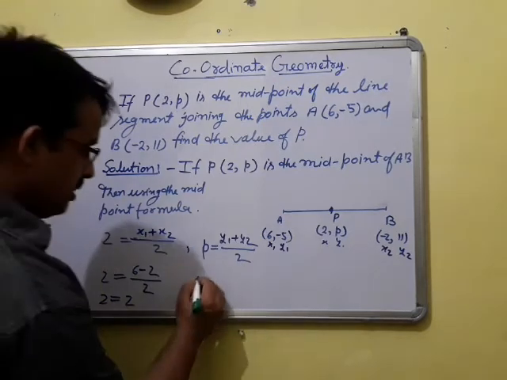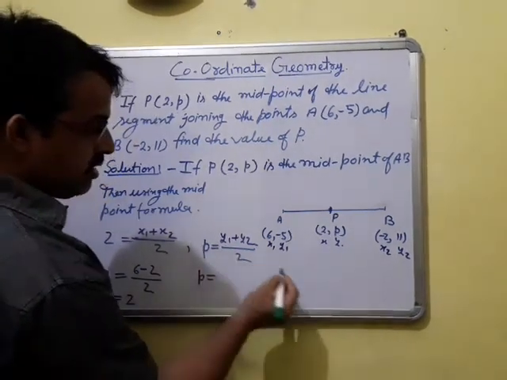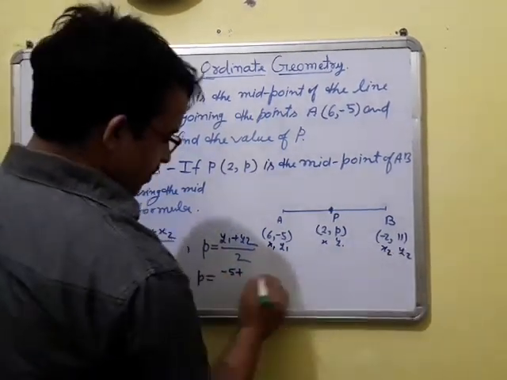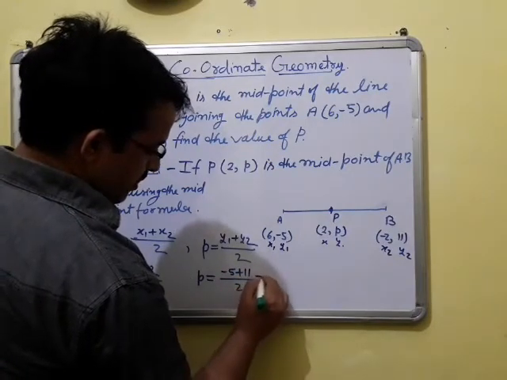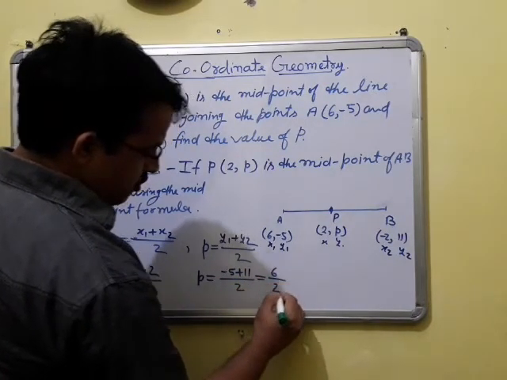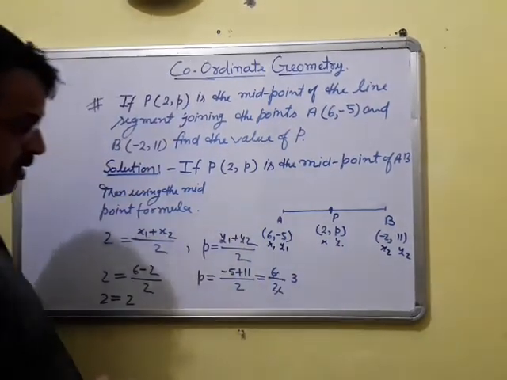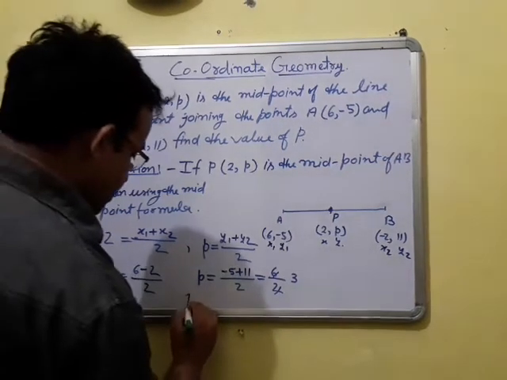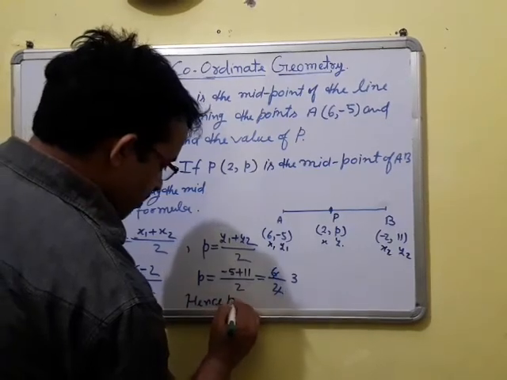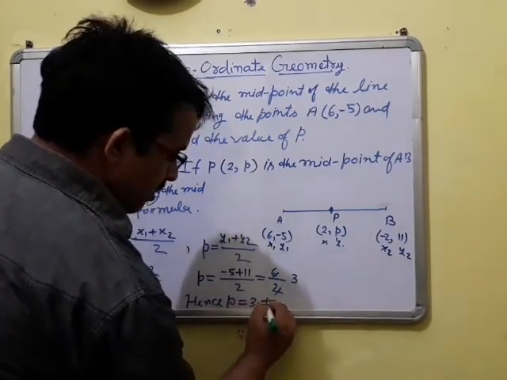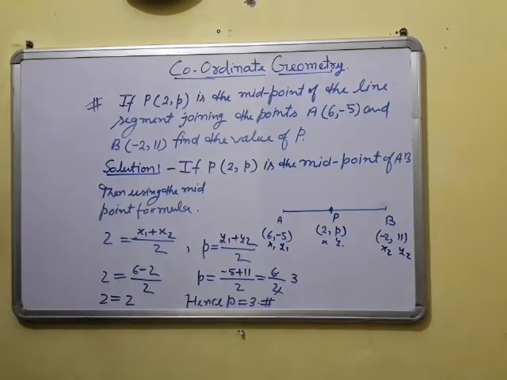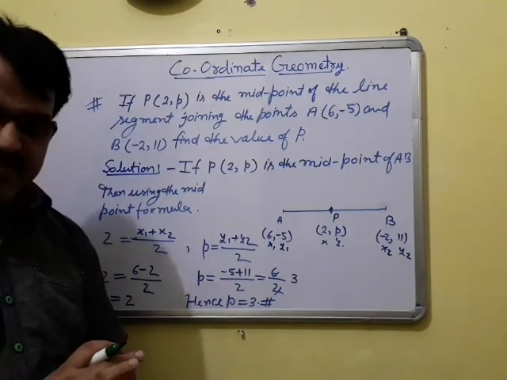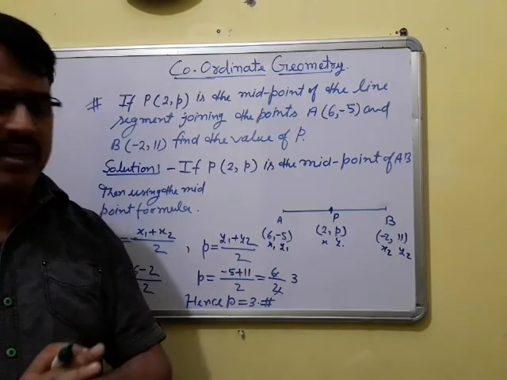And P is equal to (y1 plus y2) by 2, where y1 is -5 and y2 is 11, so P equals (-5 plus 11) by 2. We get 6 by 2, which is 3. So P is equal to 3. That's all. Clear? We will discuss some other things in the next video. I hope you all have understood. Clear?